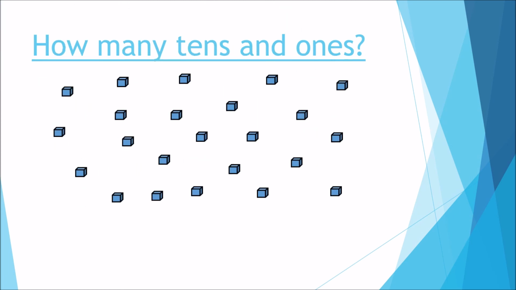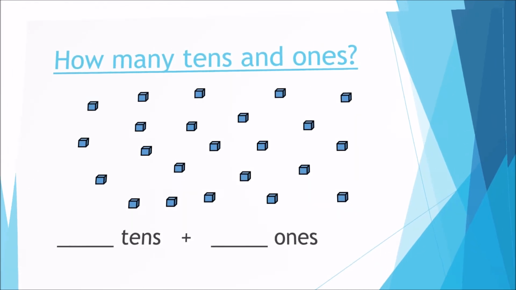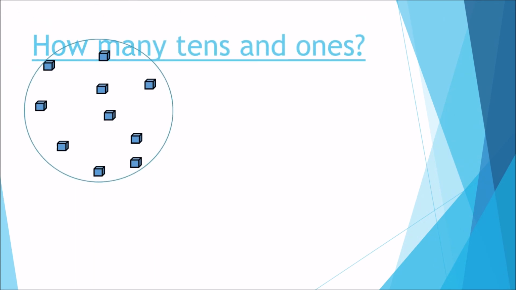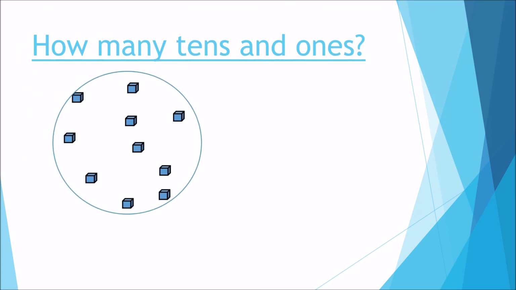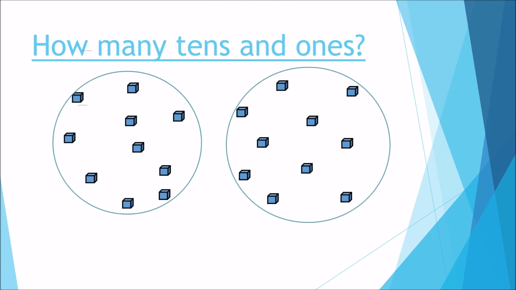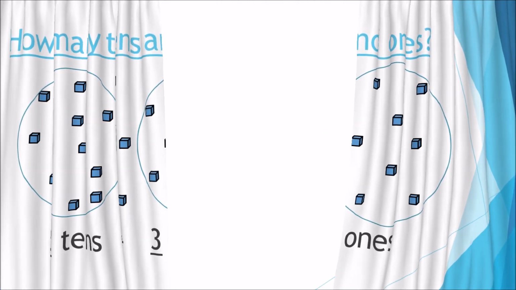So you have to group the blocks into tens first and then see how many ones would be left. Group them in tens first. There you see one group of 10, another group of 10, and 3 ones. So that's 2 groups of 10s plus 3 ones. What's that number? 23. Very good.